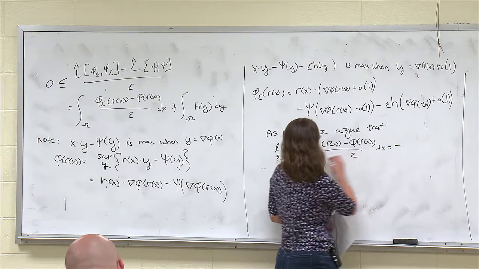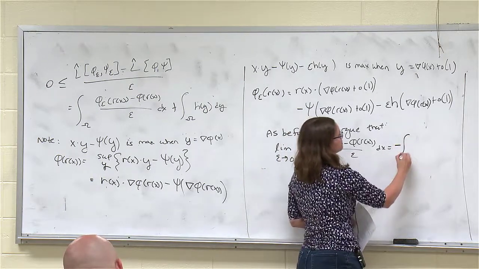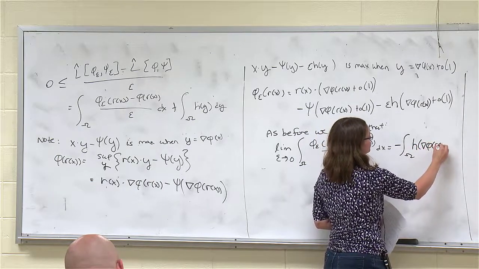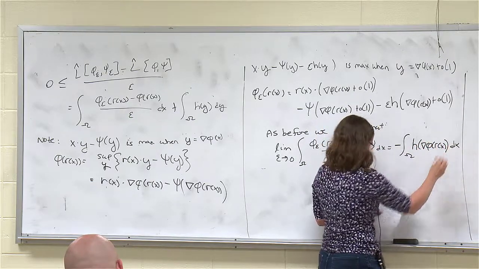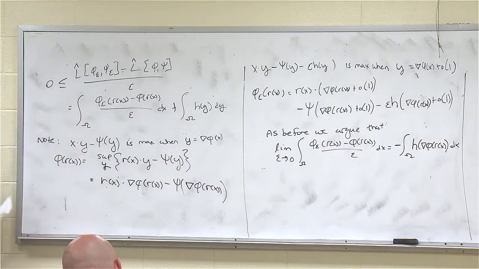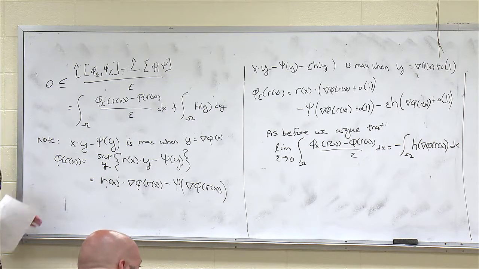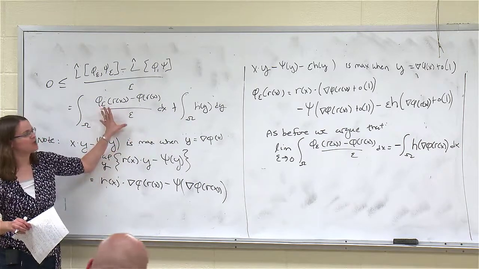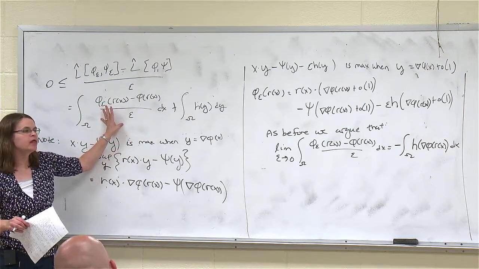So this should be equal to the integral of h of grad phi of R of X. Okay, so we get all of this coming to h of grad phi of R of X, right?